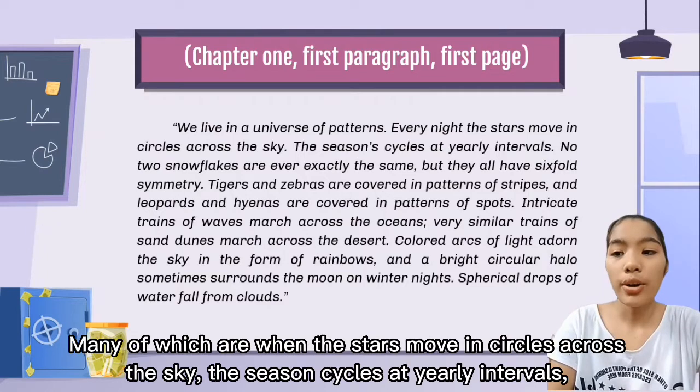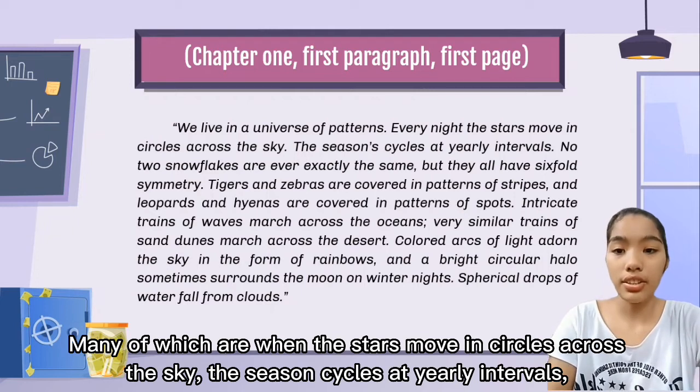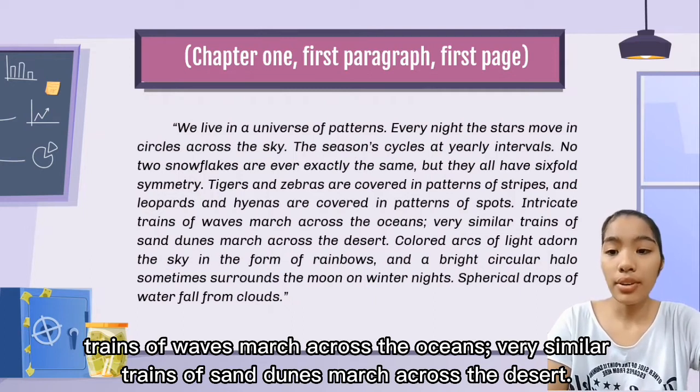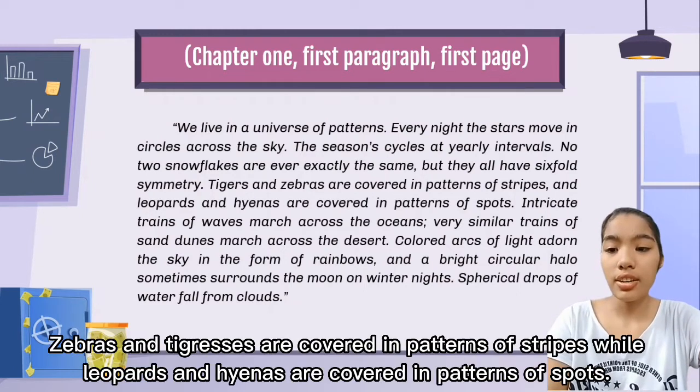Many of these are when the stars move in circles across the sky, the seasons cycle at yearly intervals, and trains of waves march across the oceans. Very similar trains of sand dunes march across the desert. Zebras and tigresses are covered in patterns of stripes, while leopards and hyenas are covered in patterns of spots.